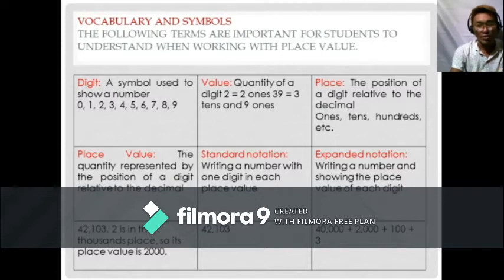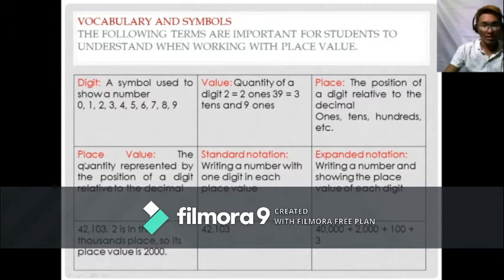The following terms are important for students to understand when working with place value. The first one is digit. What is a digit? A digit is a symbol used to show a number, like 0, 1, 2, 3, 4, 5, 6, 7, 8, 9. That is all the digits, or one-digit numbers.